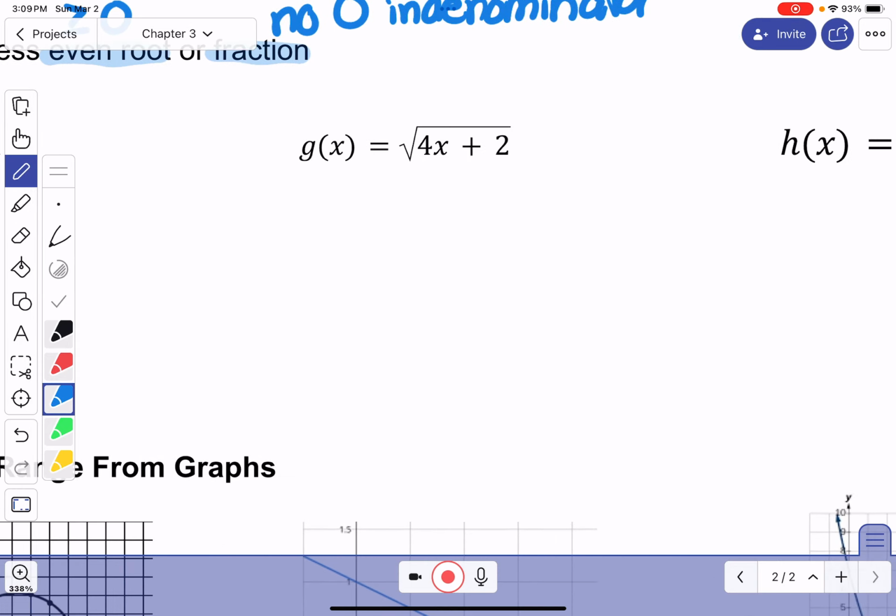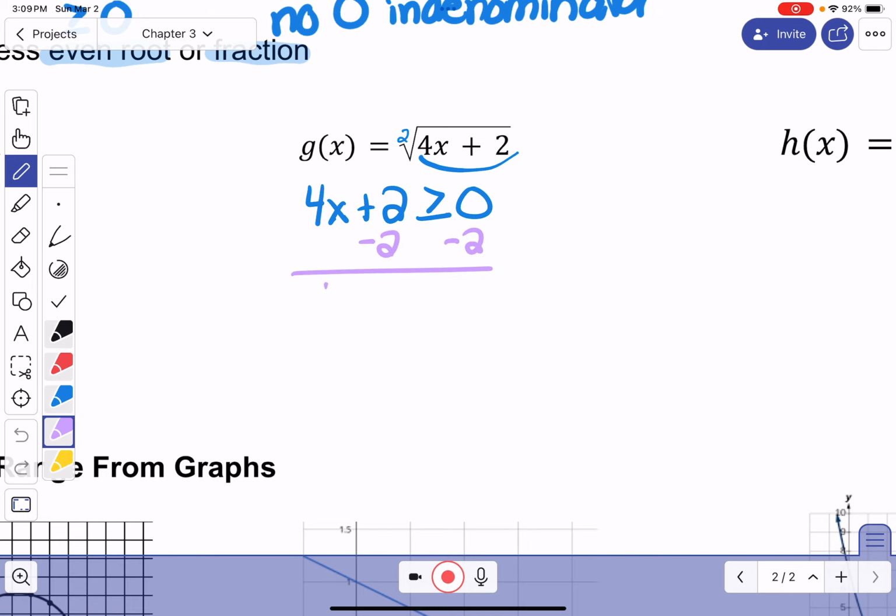G of x, we have a radical, we have a square root, so this piece can't be less than 0. So really what we're saying is 4x plus 2 has to be greater than or equal to 0. And then we solve that like a typical equation, or inequality in this case.